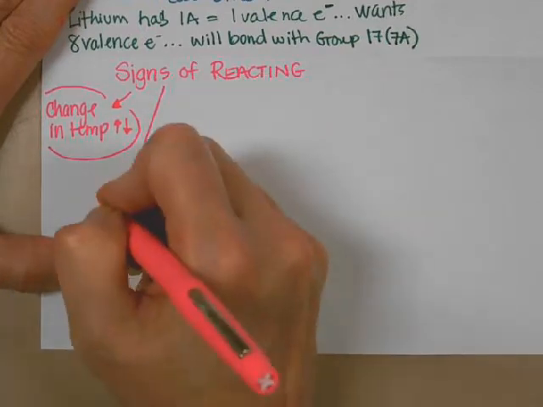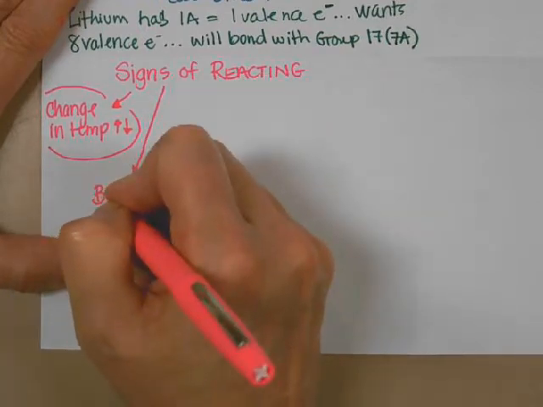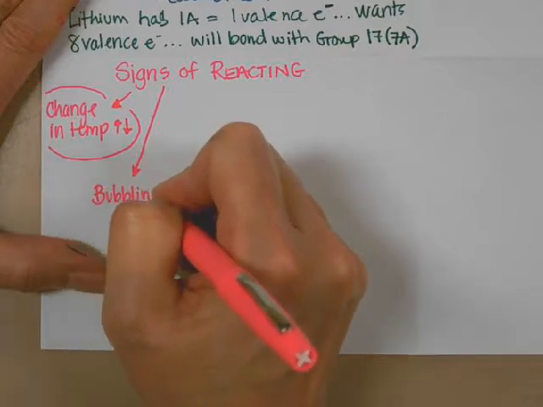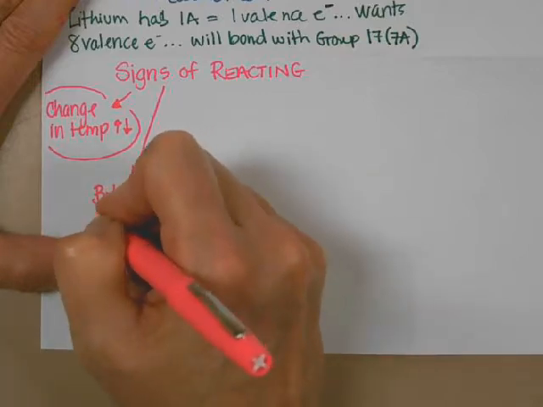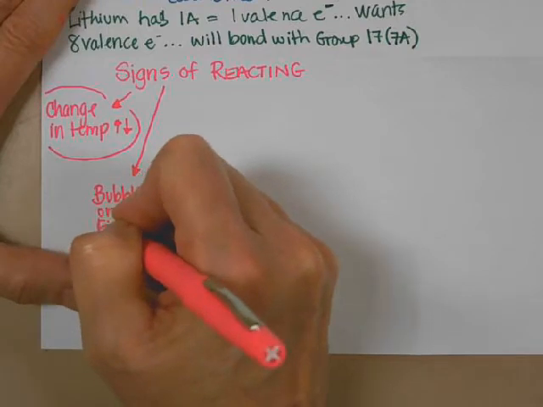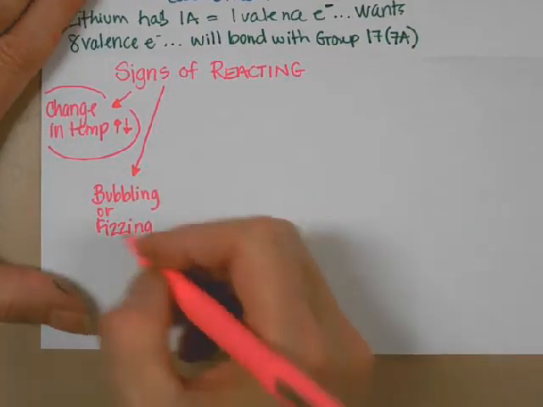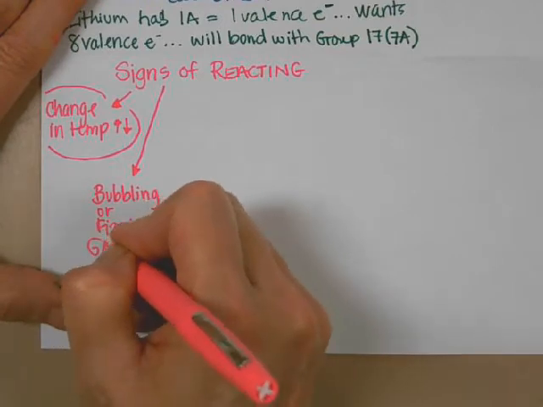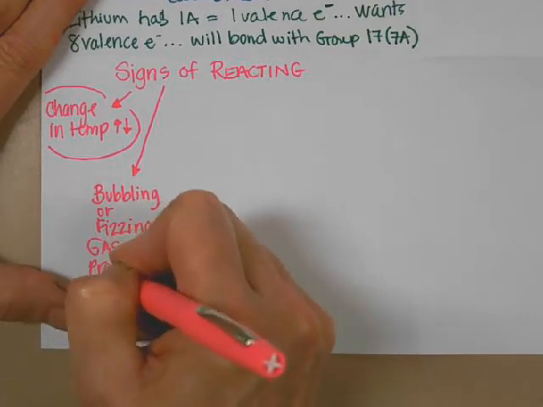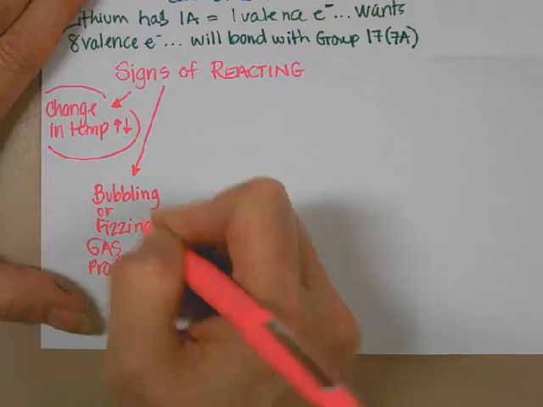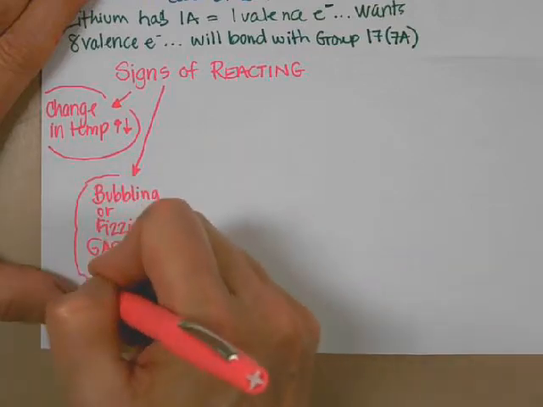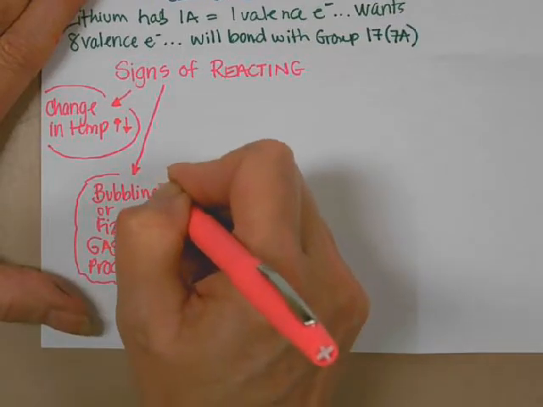We have bubbling or fizzing, which just means what? That a gas is being made. That's another sign of a chemical reaction.